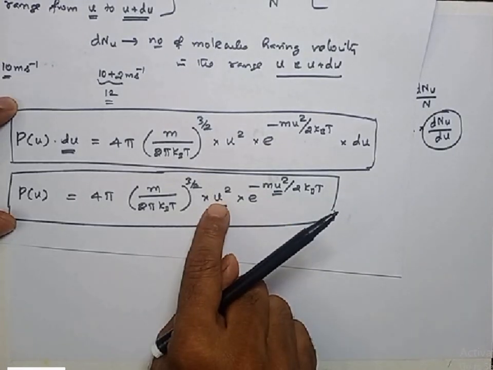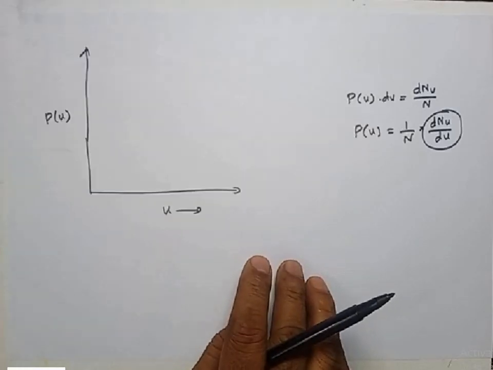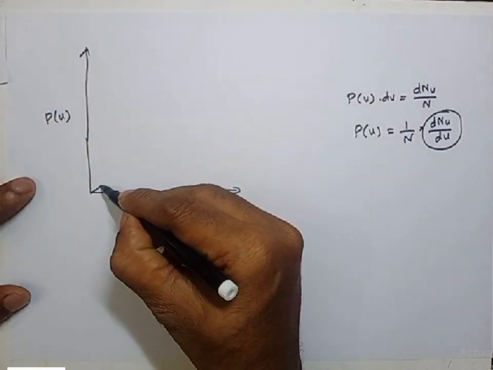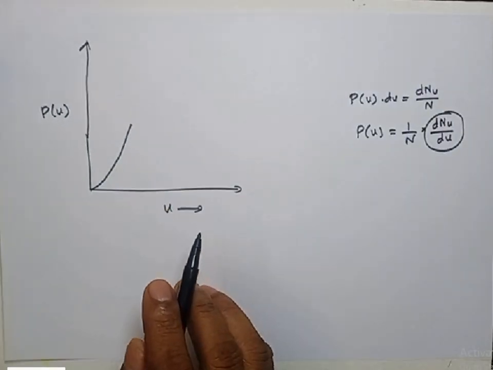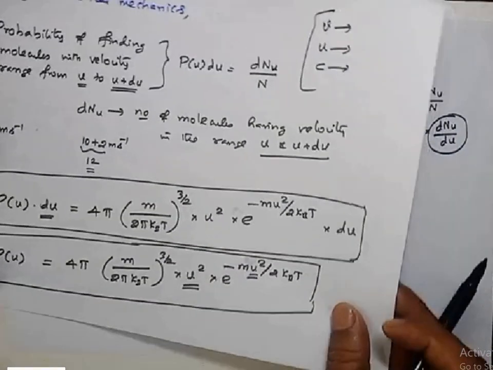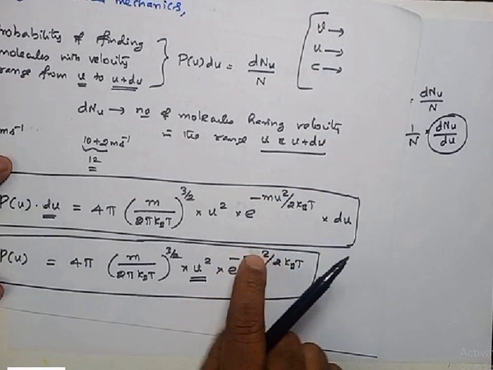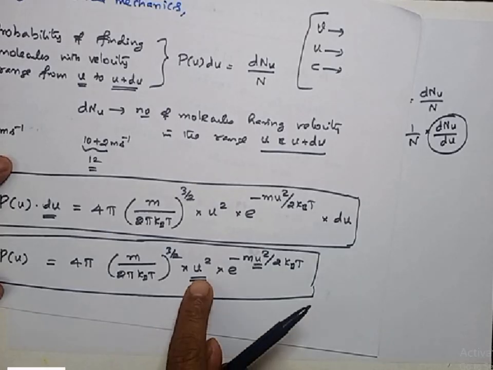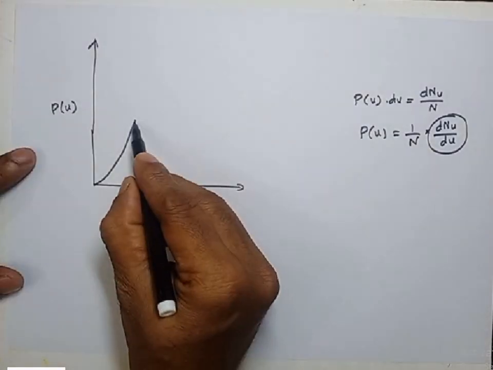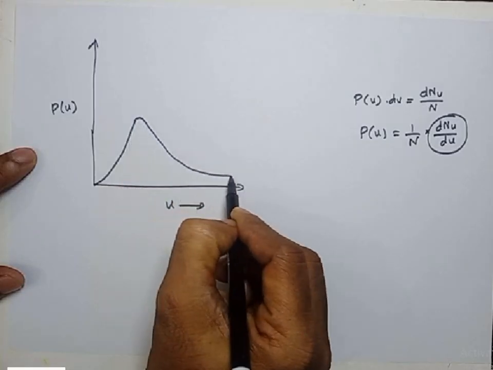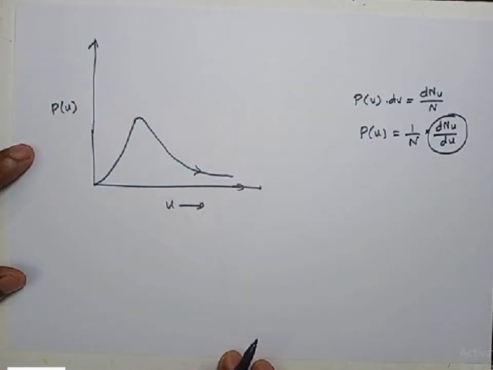Therefore, P of u increases as u increases initially, like a parabola, u square. Then, after sufficient velocity, the exponential term becomes dominant. Since I have a minus sign there, it decreases exponentially. We'll get a graph like this.